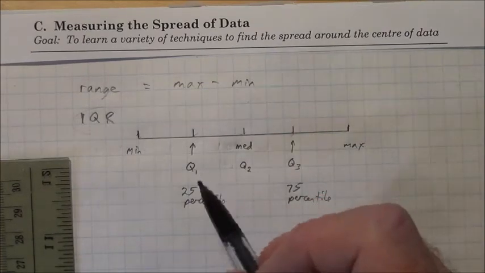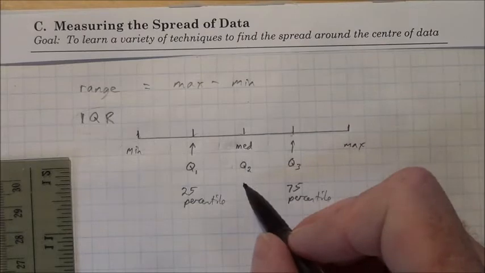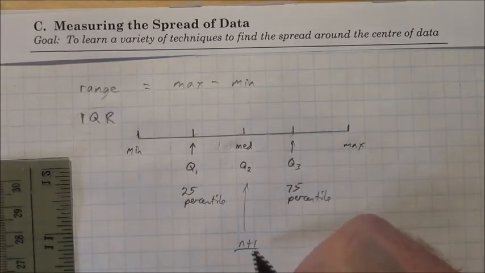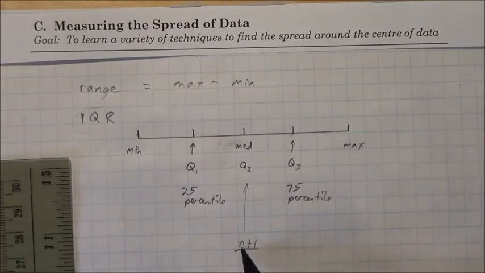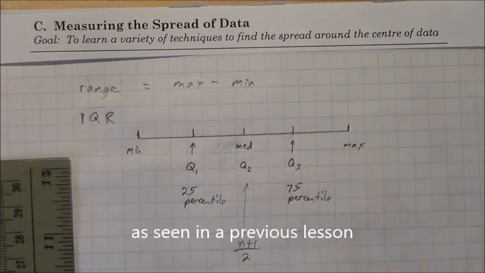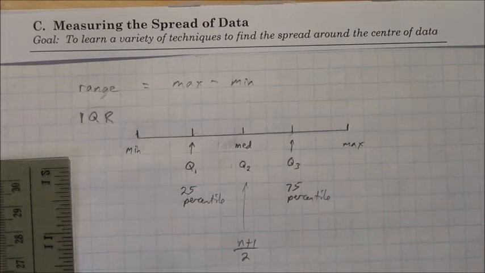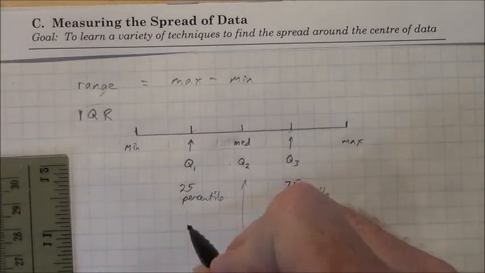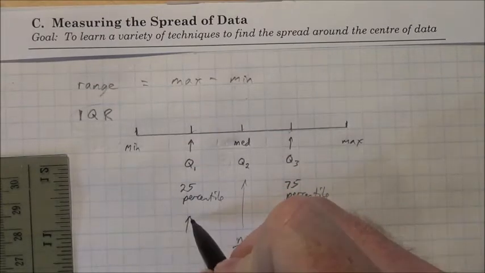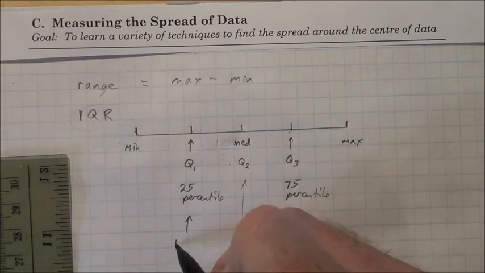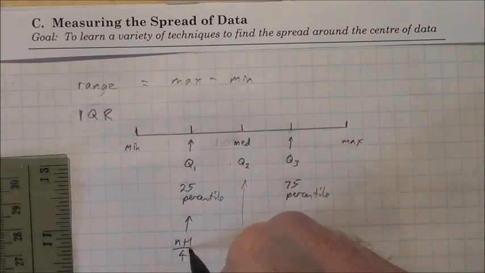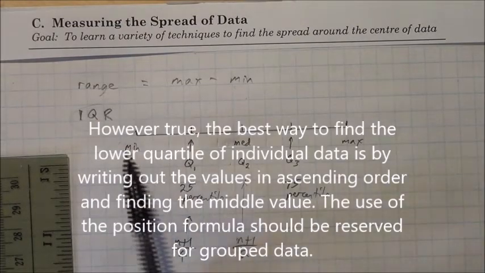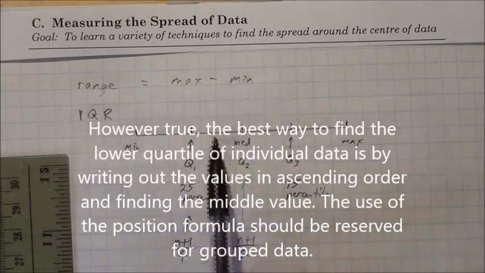We can find the position of the median by doing n plus 1 divided by 2, right? So n is the number of data in total, plus 1, divided by 2. We can do the same sort of thing for the lower quartile. We can find that directly by saying n plus 1 divided by 4. So we don't have to find the median and then find half of the lower half.